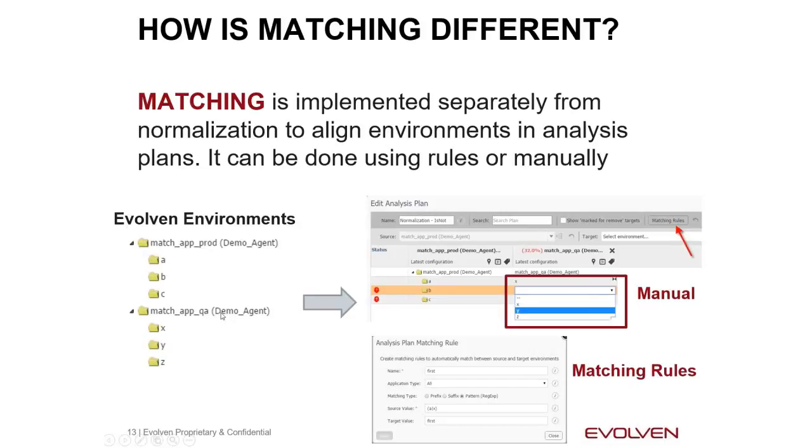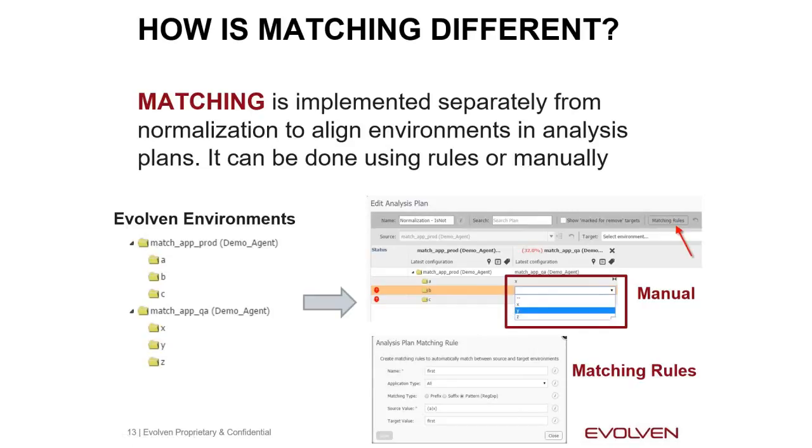And when we do that, what we find is that A, B, and C are identified as folders, and X, Y, and Z are not shown, in the sense that A, B, and C as your source are going to show up, and then it won't know on the right side what to align, because by default, X, Y, and Z have nothing to do with A, B, and C, and that would be the normal situation, that those are different. But if we were trying to quote-unquote normalize them, we would need to apply matching rules to handle that situation. And I guess I should say you can either handle it with matching rules, or you could manually associate A with X and B with Y and C with Z. So that's an example of matching.